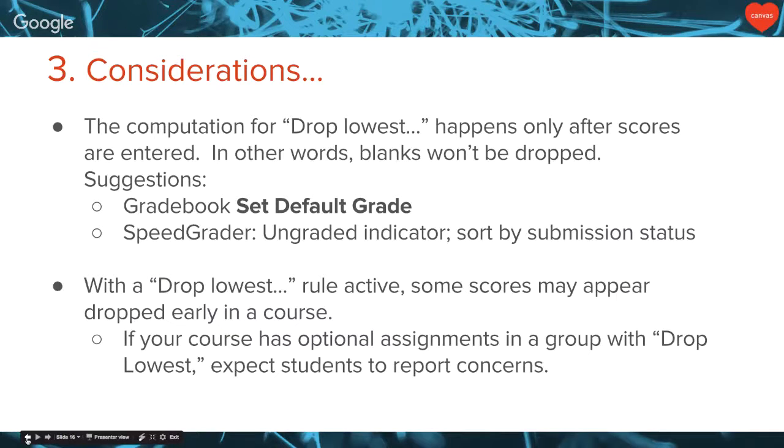Sometimes Canvas, through the shading in the gradebook and other ways, is showing you and students that it's dropping a grade at times that you don't expect. The drop lowest will be correct when all of the grades you expect to assign for that assignment are correct.